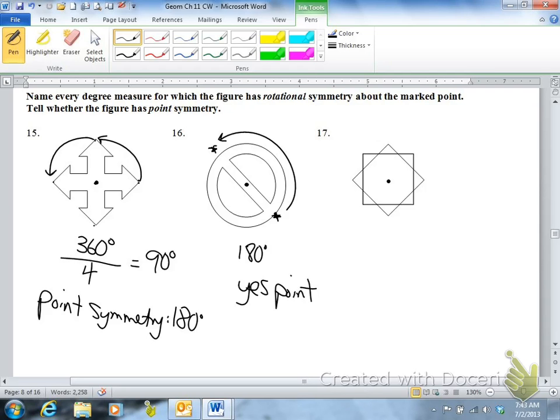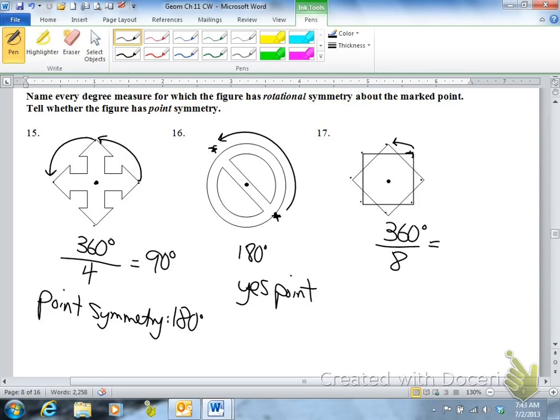The next one looks like we have 2 squares. So if we rotate this vertex onto that vertex, that would be rotational symmetry. So 360 degrees is the total full circle, and we have 1, 2, 3, 4, 5, 6, 7, 8 vertices that are similar. We divide by 8.